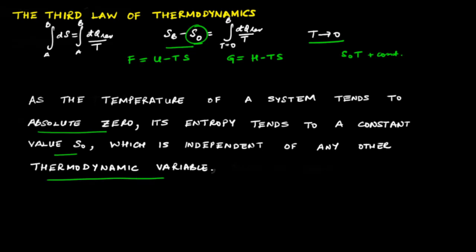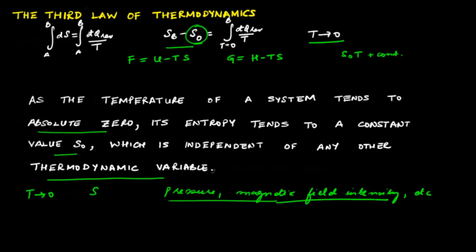What we mean by thermodynamic variable here is that if we have any variable such as pressure, or let's say some other variable such as magnetic field intensity, then in the limit that T tends to 0, the entropy will not depend upon these other thermodynamic variables, and the entropy of a system tends to a constant value S0.